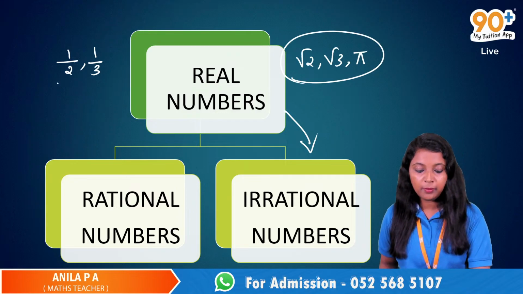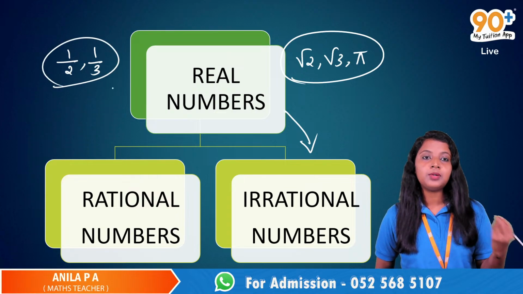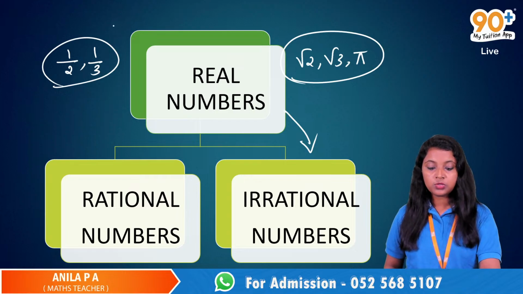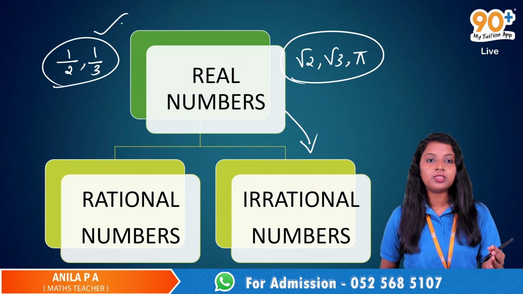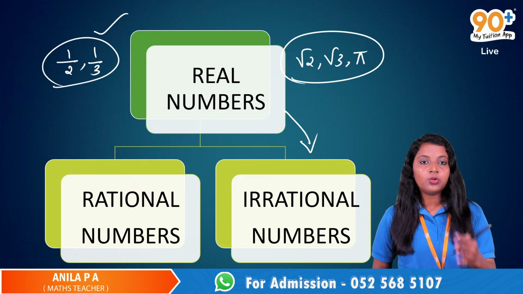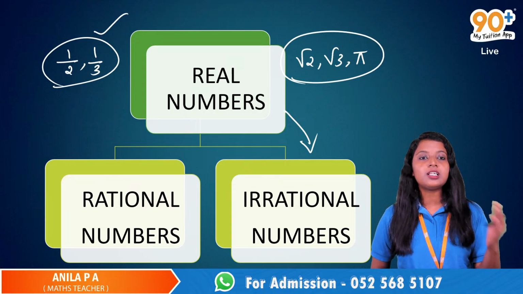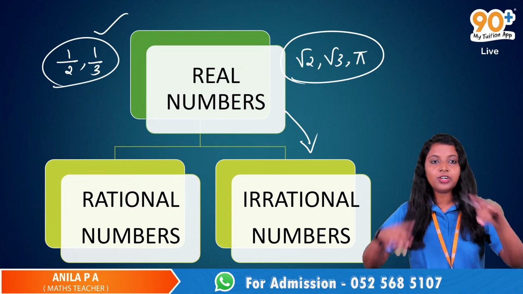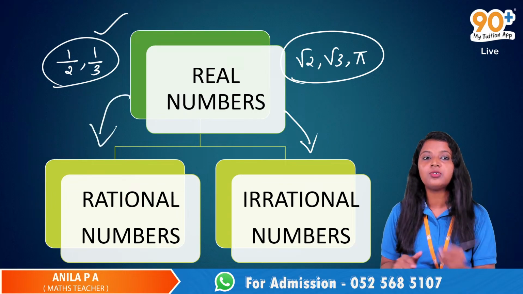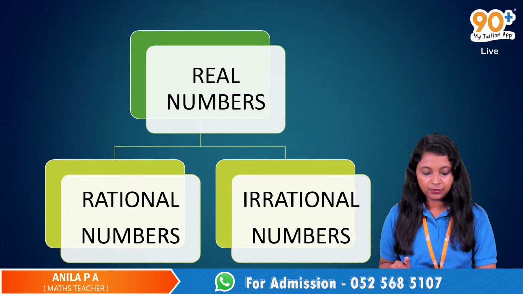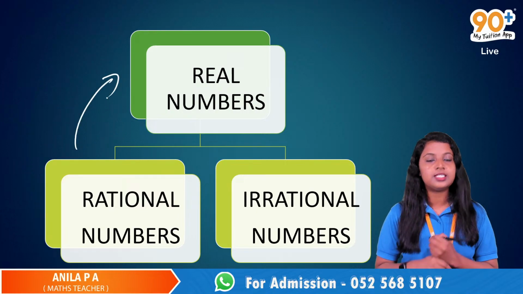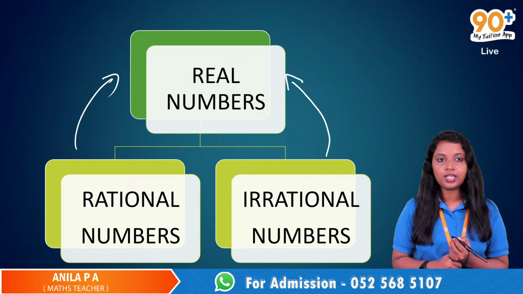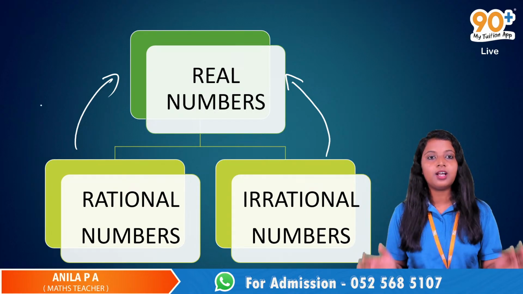But we know that 1 by 2, 1 by 3, all these numbers are there. What happened to 1 by 2, 1 by 3? They were a part of real numbers. So that is wrong. All real numbers are not irrational numbers. The arrow never goes down; it always goes up. All rational numbers are real numbers, that is correct. All irrational numbers are real numbers, that is also correct. But the arrow never goes down.